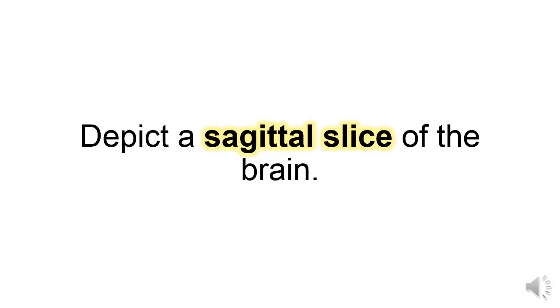All right, so this one is interesting. Depict a sagittal slice of the brain. It might take too long to actually depict it on paper, so you can just close your eyes for a second and imagine what a sagittal slice of the brain would look like. I think I spelled sagittal wrong.